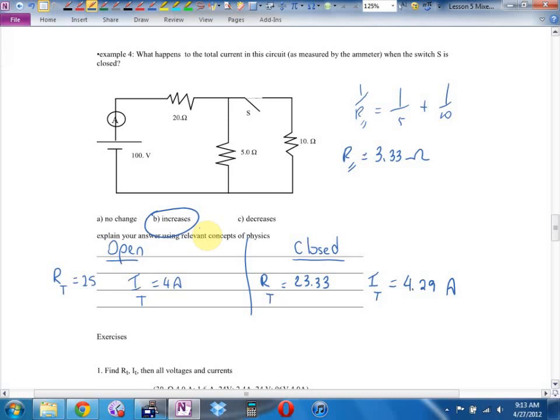A couple other handy things. See the two resistors that were in parallel? What's the smallest resistor that was sitting in this group here? How big is it? Whenever you're finding the mathematical equivalent, the mathematical equivalent will always be smaller than your smallest resistor. In other words, I knew the answer was going to be less than 5.